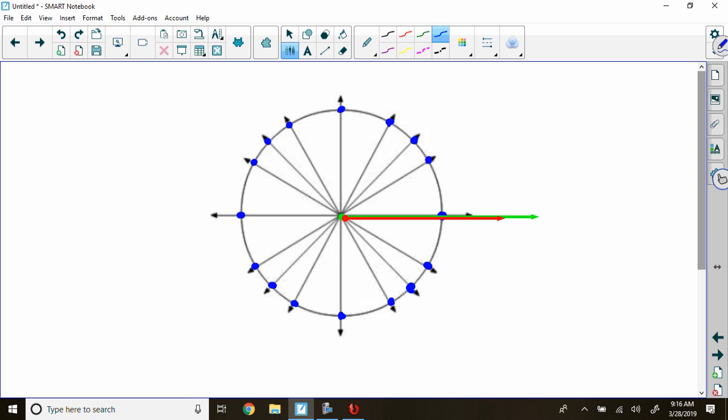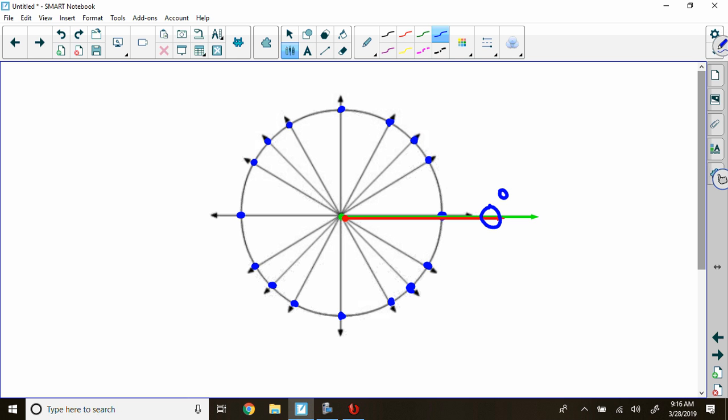There's no angle. The angle didn't open up a bit, so what's this measure in degrees? 0, good. So this angle right over here, that due east, is 0 degrees.